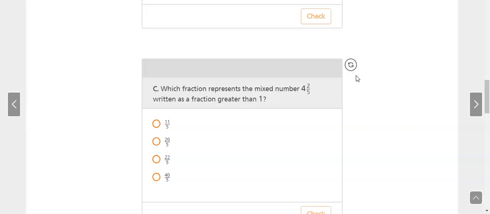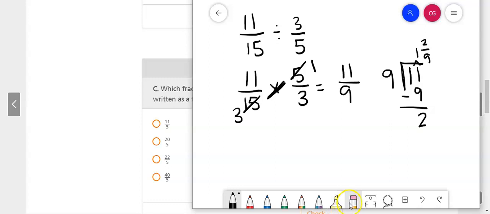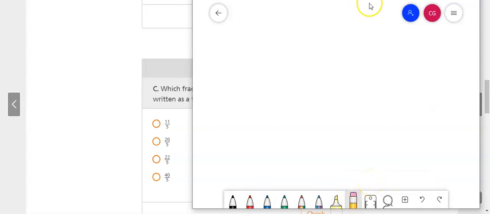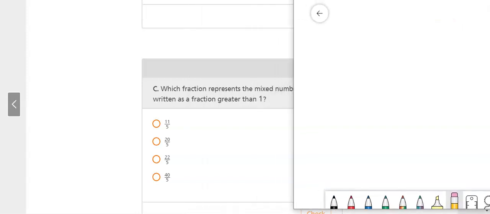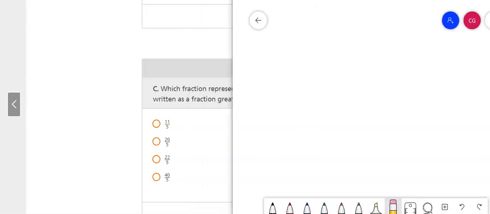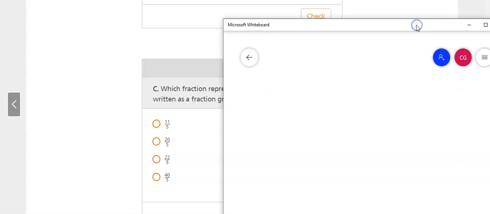Which fraction represents the mixed number 4 2/5? So when we do this, to change a mixed number into an improper fraction, we have 4 2/5.